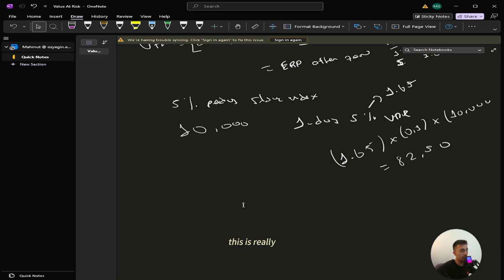Application is easy, but data regulation and data manipulation are important here. Option portfolios are not normally distributed. What does that mean? If you have an option portfolio, it is almost never normally distributed, so delta normal is not suitable, guys. Always remember this. These are really important mathematical formulas.